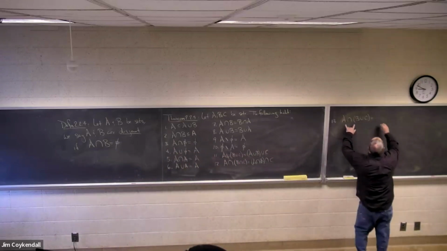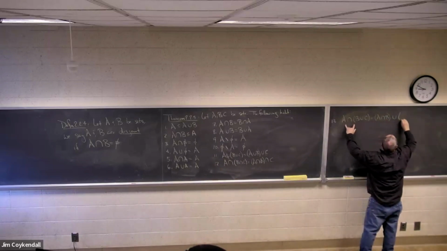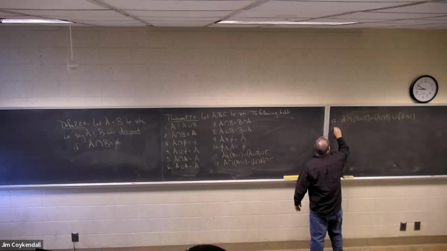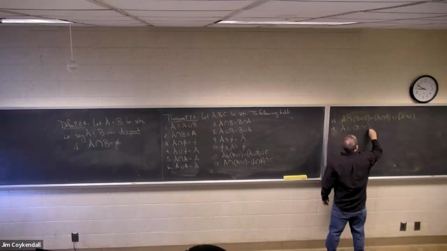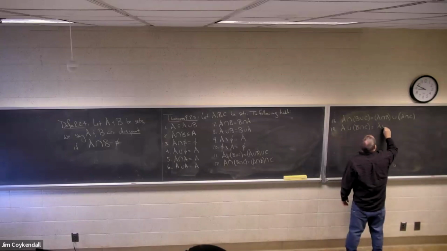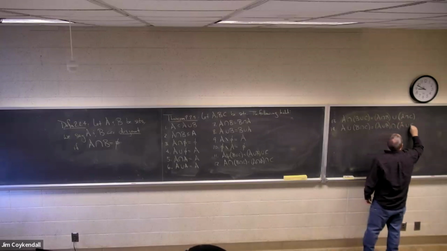It should be A intersect B union A intersect C. And there's a similar one: A union B intersect A union C.